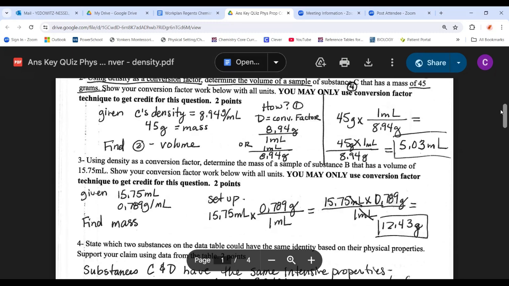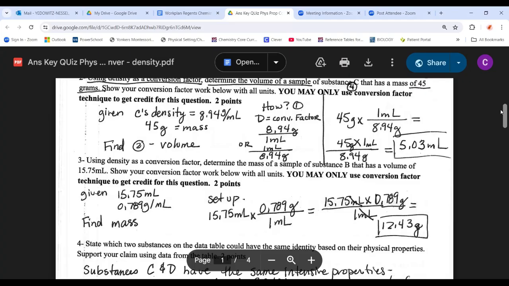You don't know how to use a conversion factor, or you don't know how to use density as a conversion factor. Now, I went back and redid the slideshow, the density and conversion factor practice slideshow, because I recognized I made a mistake. I did not have the problems worked out for you. I gave you the practice problems, but I didn't show you what they should look like if you were doing them right. So you may want to go back and take a look at that if you're having trouble with this.